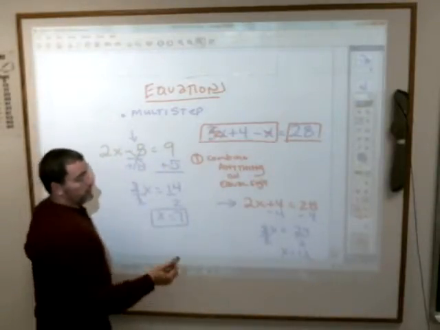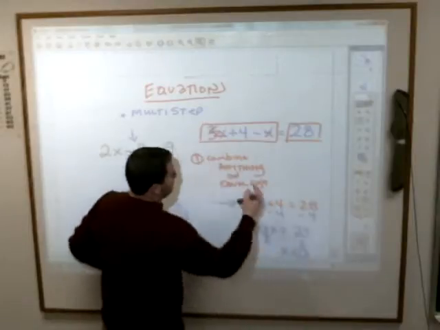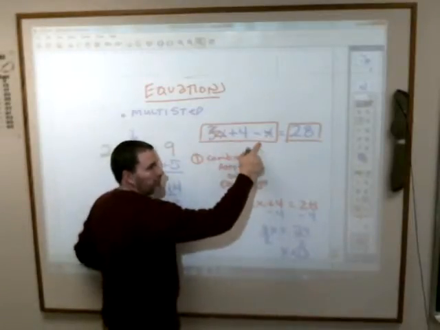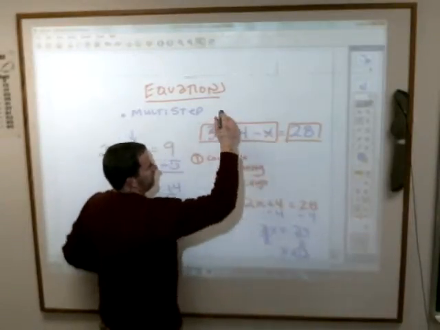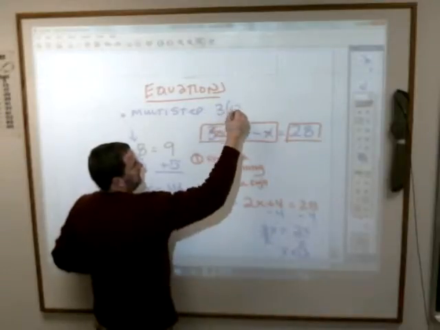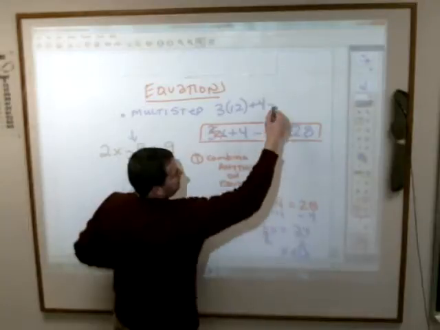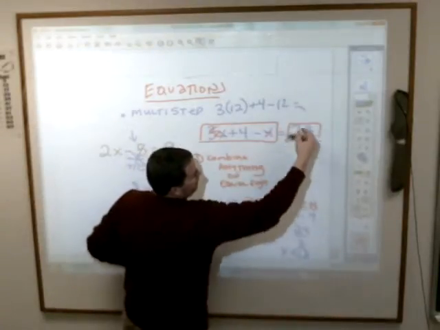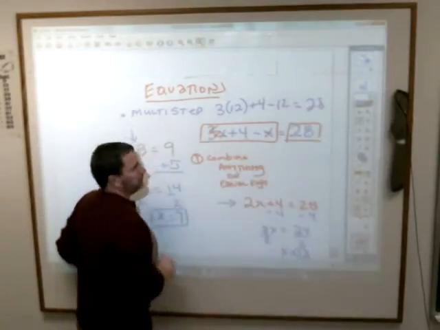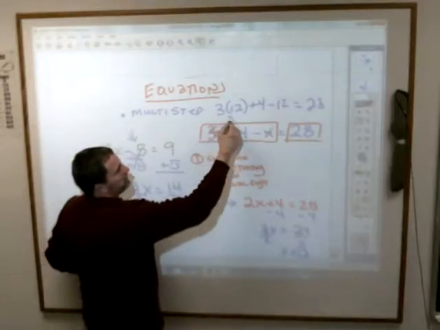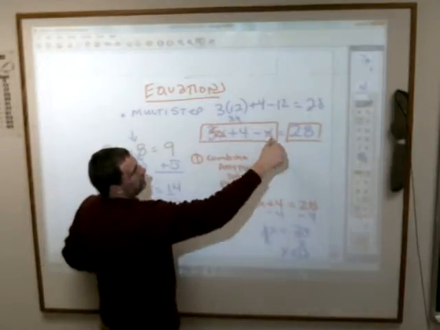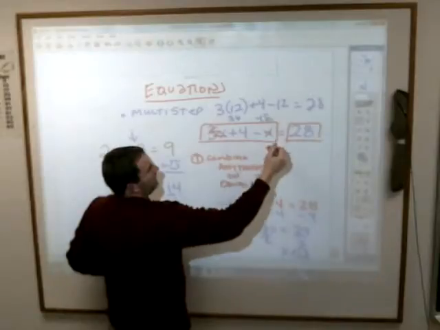And what you should understand, what you've just done, is this. If you replace all the x's in here with 12, this should be true. In other words, is 3 times 12 plus 4 minus 12 going to give you 28? Well, 3 times 12 is 36. 36 plus 4 is 48.